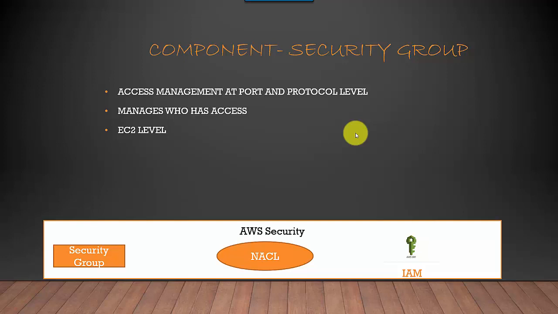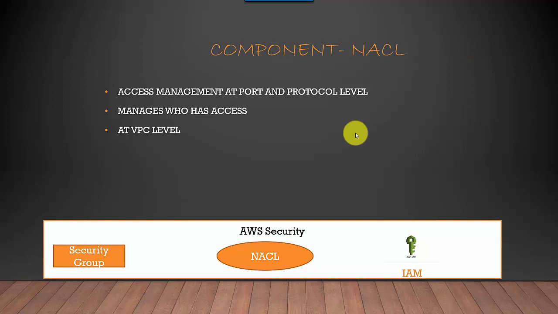So this is where you define that. This is the security group. So it manages at a port and protocol level, manages who has access, and it is for EC2. EC2 is, think of it as a computer in the cloud. So you talk about security group there.